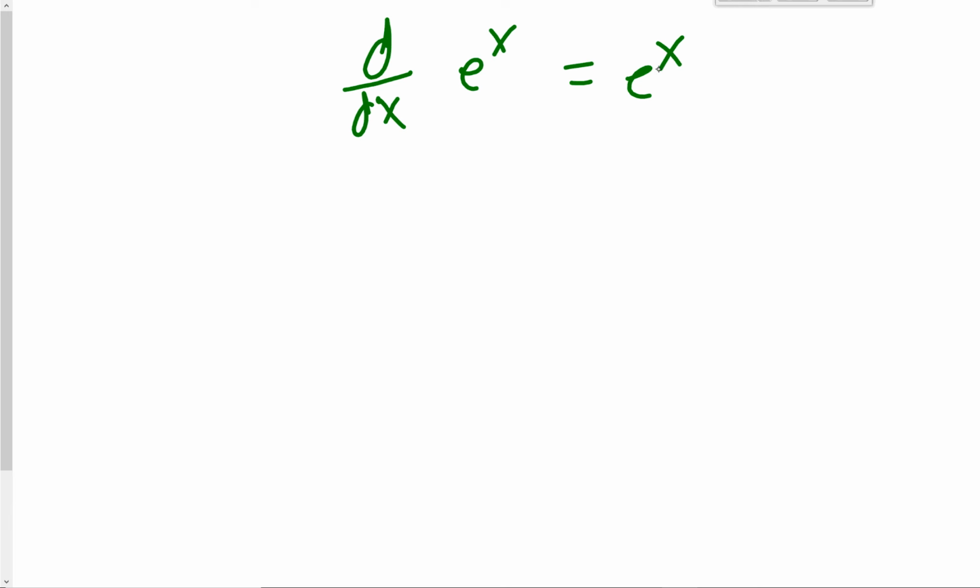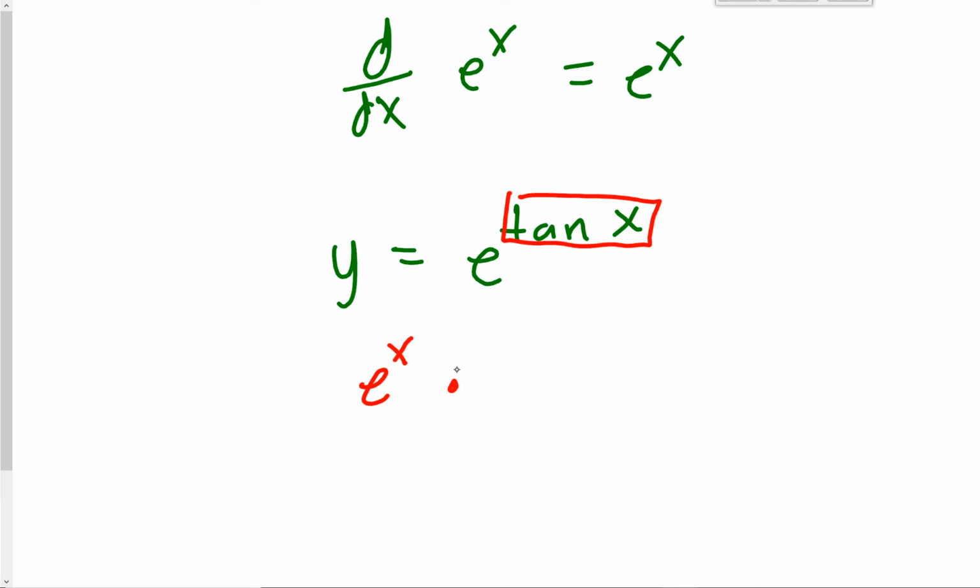And then if we want to take the derivative of something that's not exactly e to the x, say e raised to tan x, well, then I just use my chain rule. So I take the derivative of e to the x, which is e to the x, and I times that by the derivative of tan x, which is secant squared.